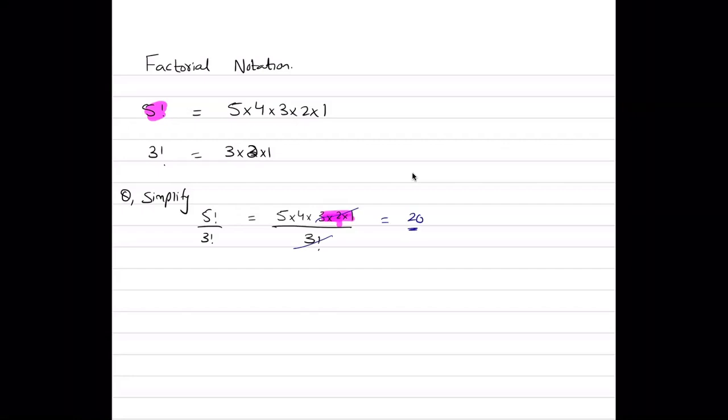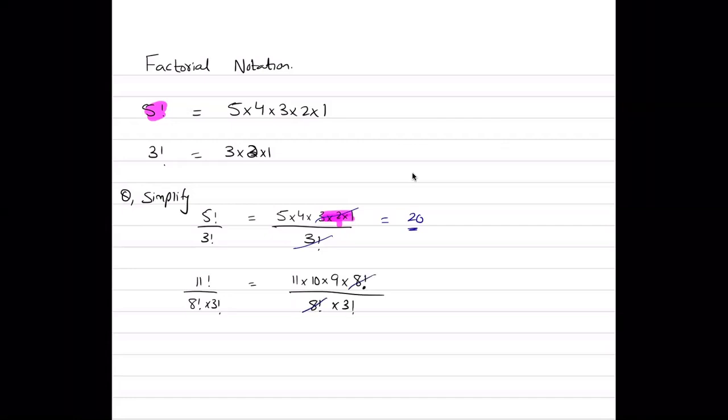Similarly, if you have, let's say, 11 factorial over 8 factorial times 3 factorial, so we know 11 factorial can be written as 11 times 10, 1 less than the number, times 9, times 8 times 7 all the way. But instead of writing 8 into 7 into 6 into 5 into 4 into 3 into 2 into 1, I can write 8 factorial so that I can simplify that with the denominator.